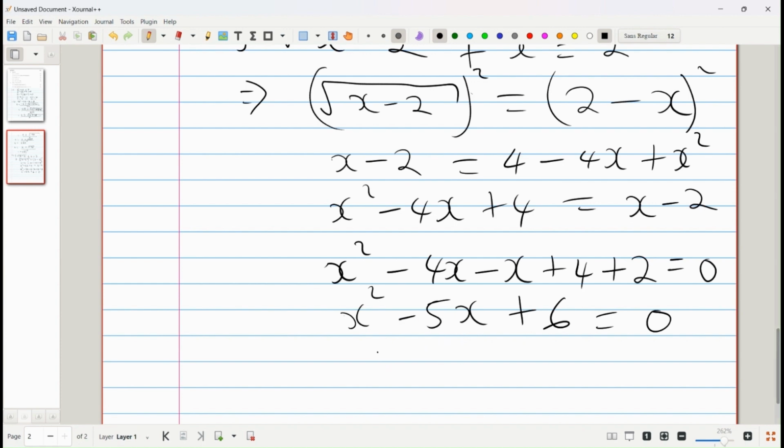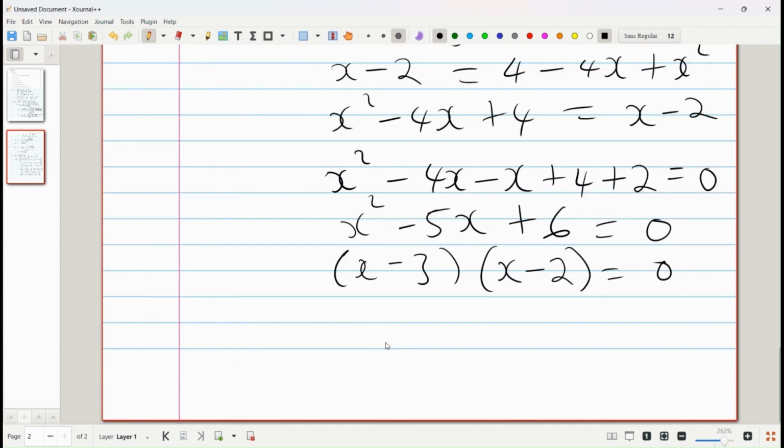So the factors for x squared is simple, it's x and x. So the factors for positive 6, so that when we add or minus, we get negative 5, we can have negative 3 and negative 2.